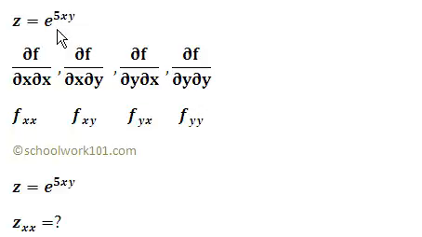We've got z is equal to e raised to the 5xy. Now, in some previous problems, I was labeling this as f, or f of xy. Sometimes you may just see it labeled as z, but it is with respect to xy here. Z is a function of xy, even though this looks like an equation.